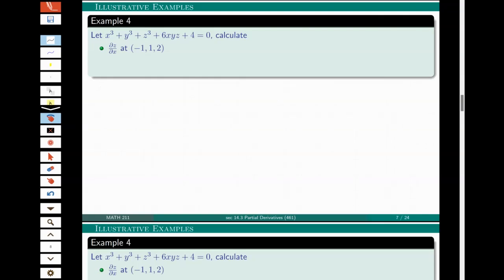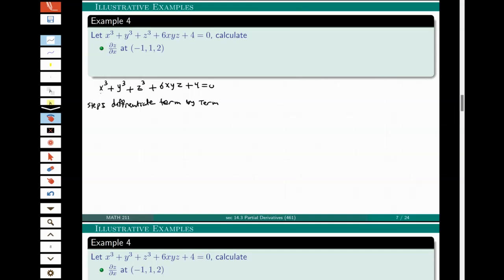Now, with this idea in mind, what is partial z with respect to x? If I have x cubed plus y cubed plus z cubed plus 6xyz plus 4 equal to 0. Now, remember, when we deal with implicit differentiation, we differentiate term by term.